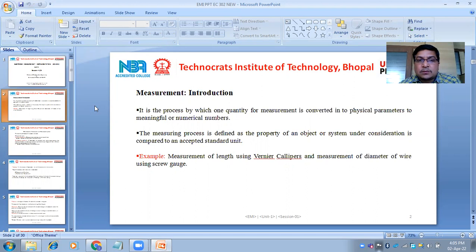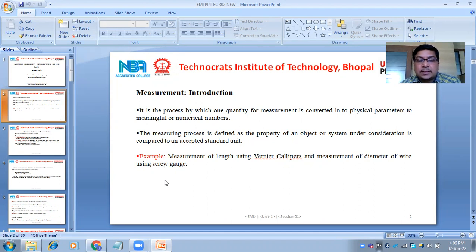It is the process by which a quantity for measurement is converted into physical parameters meaningful as numerical numbers. This process is defined as the property of an object or system under consideration being compared to accepted standard units. We take SI units, basically MKS units, for the measurement.